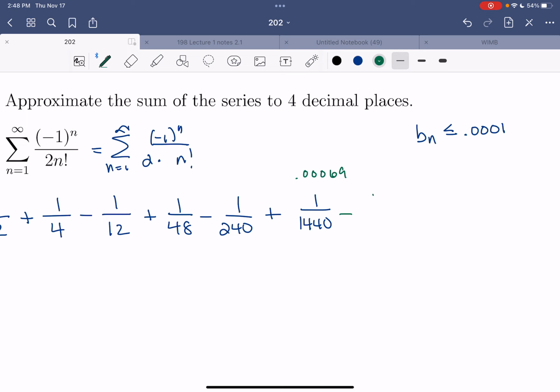So minus 1 over, let's see, 720 times 7 times 2. So that gives us 10080. And then if I divide that one out, I get this term is 0.0000, 4 zeros, and then 99. And so that is the term that we're looking for.